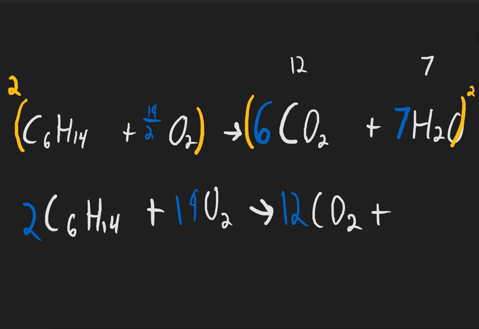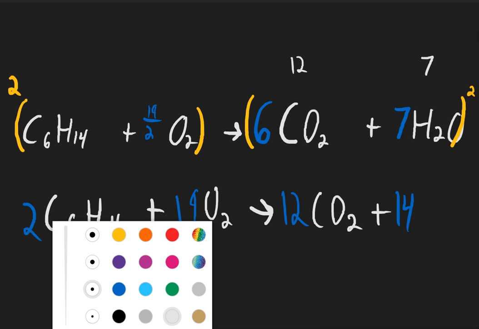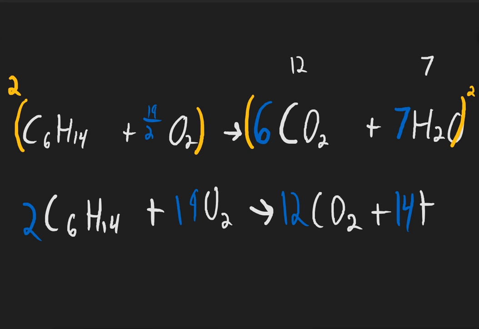Let me get the right color here. 14 molecules of H2O, or water. Let me go ahead and write that, sorry. So here we should have a balanced equation with whole numbers of molecules now.